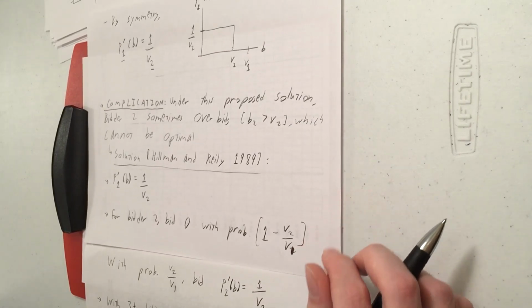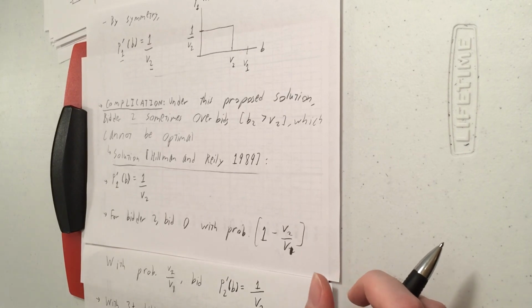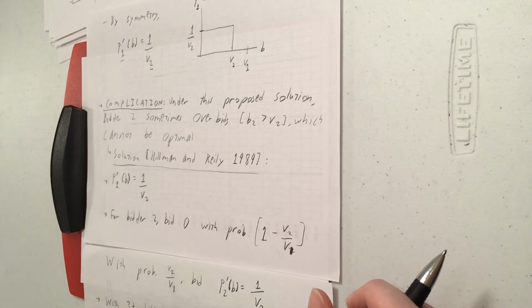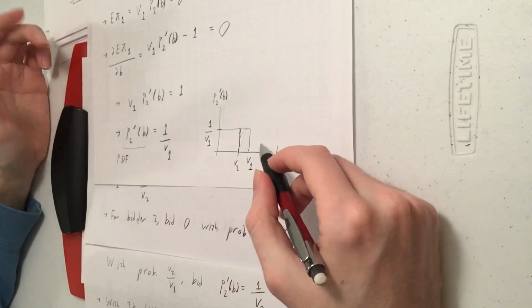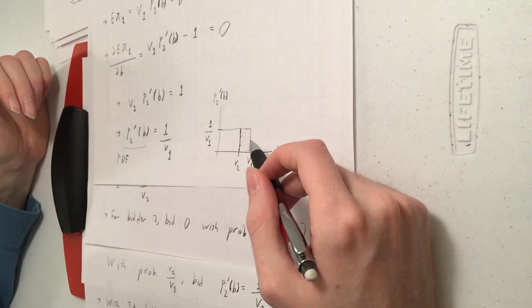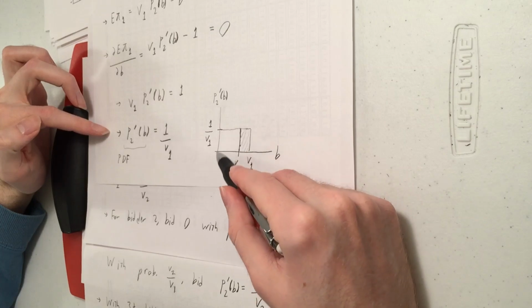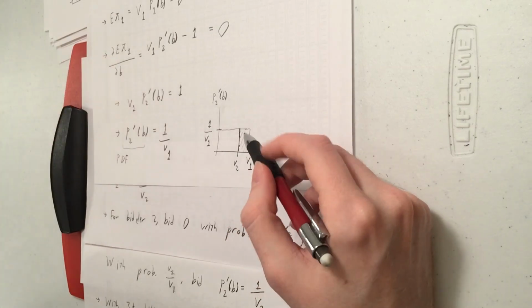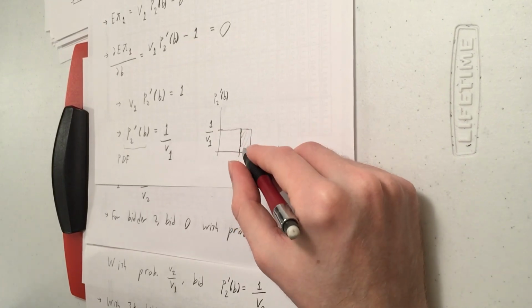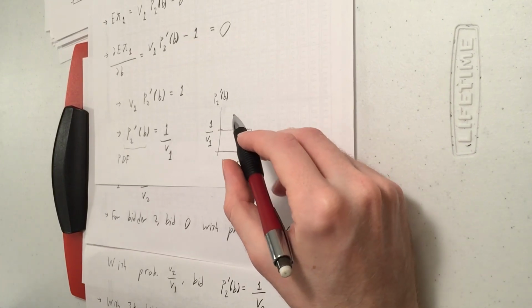So here's the idea for what is going on here. We showed earlier that this is our proposed solution. So person 2 would bid along this range from 0 to V1. The problem, though, we said, was that sometimes that involved overbidding.